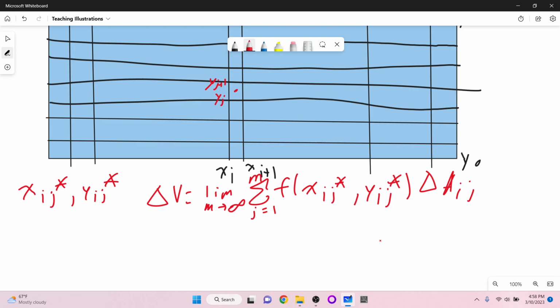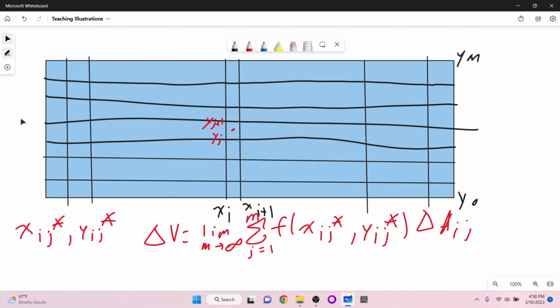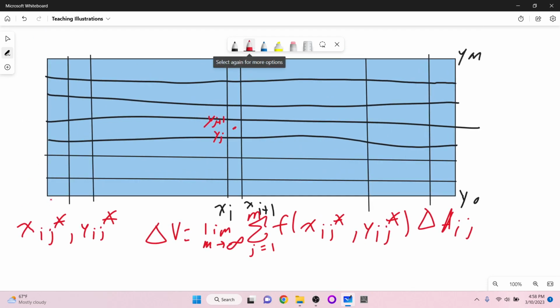But notice that j is the only variable now. i is going to be the same, xi is going to be the same for all of them. So this is the same as saying, let me add in a little label here. I'll call this a to b, and this y naught can be c to d. So we can rewrite this whole rectangle as ab cross cd.